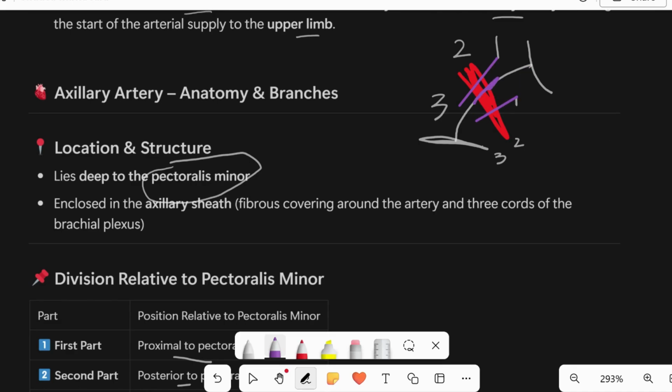And all of this is enclosed within an axillary sheath. So by any means, if there is a compression over this area, then not only the axillary artery will be at risk, but also these cords will be compressed and there will be paresthesia. This will be discussed later on in the clinical correlate of the axillary artery.